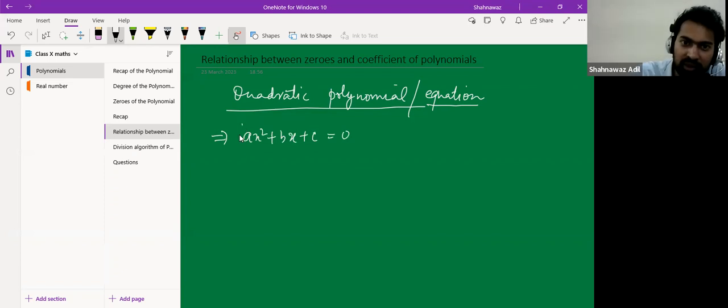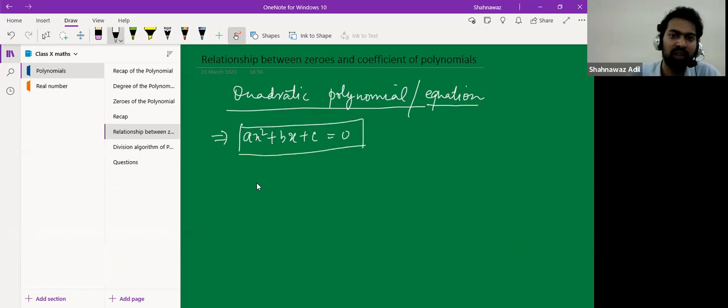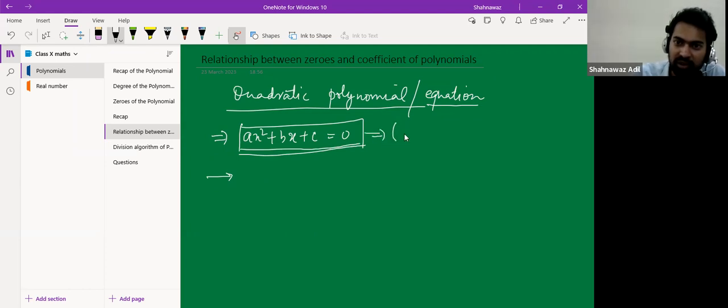This is a quadratic equation, right? And we can write a general form of the quadratic equation by another means, and that is when you know the sum of the zeros. So what are the zeros for this quadratic equation? Alpha and beta were the zeros.